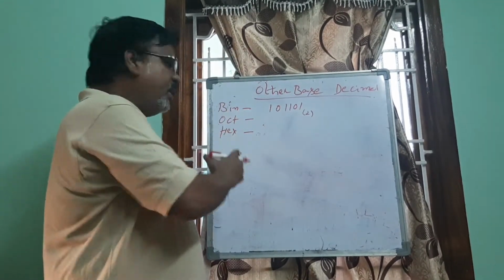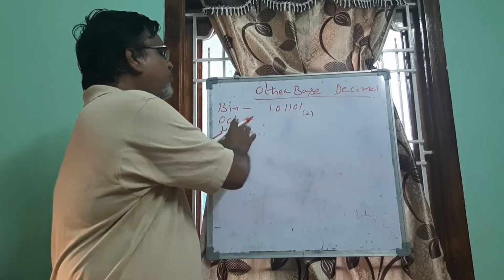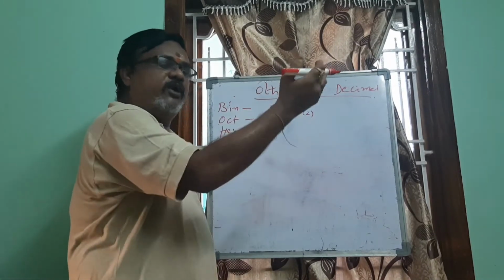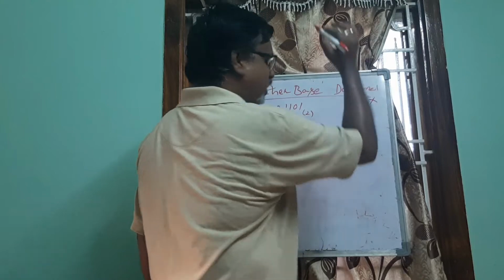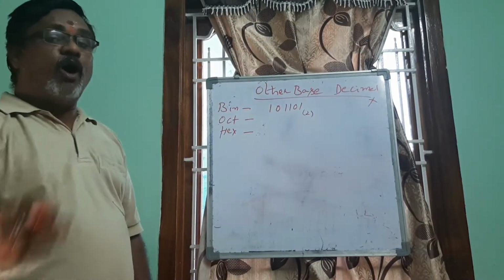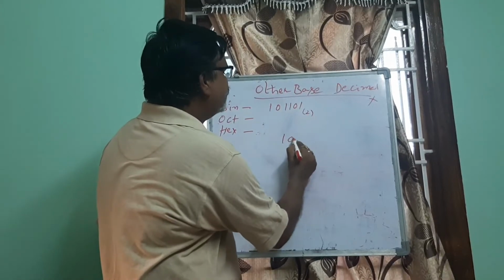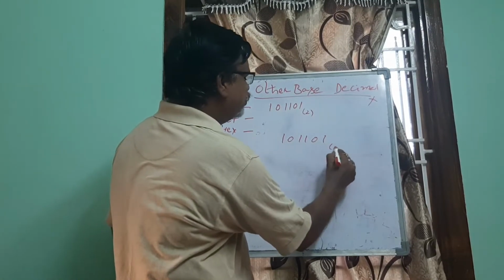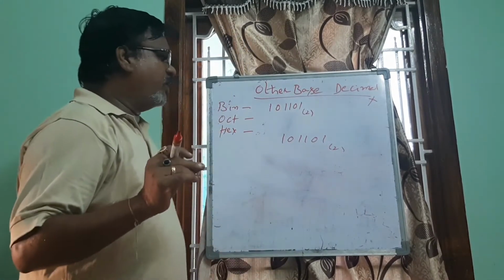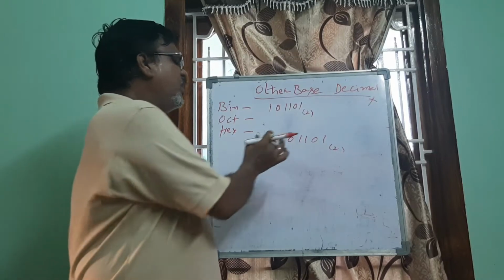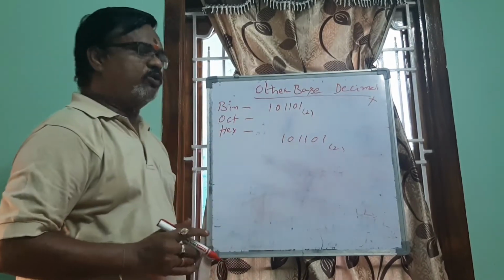In the reverse way, any other base, if you want to convert to decimal, we have to follow the multiplication operation. How to follow the multiplication operation? Here you see, you take 101101 base 2. One important point you have to remember is that positional weights you have to write first.